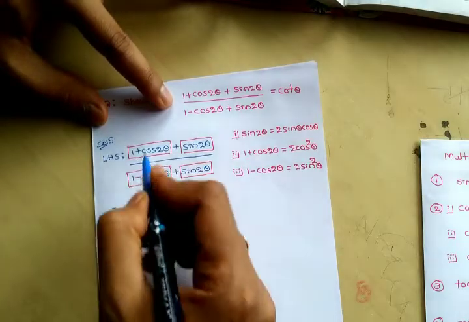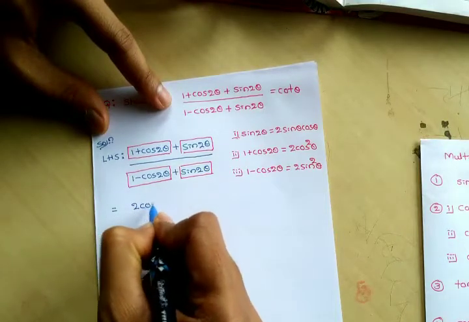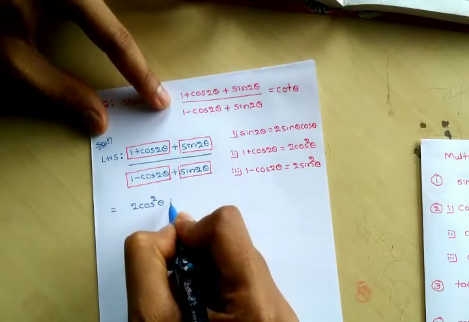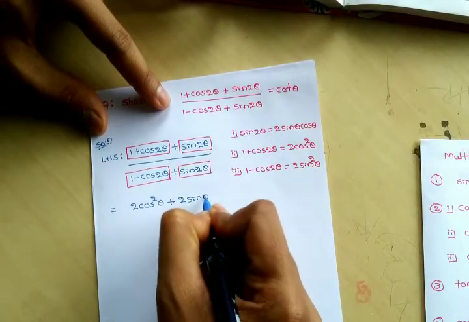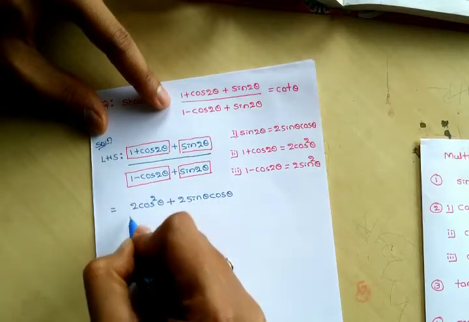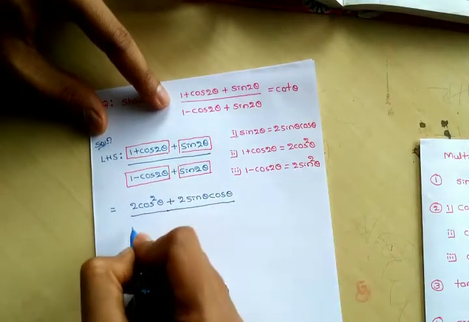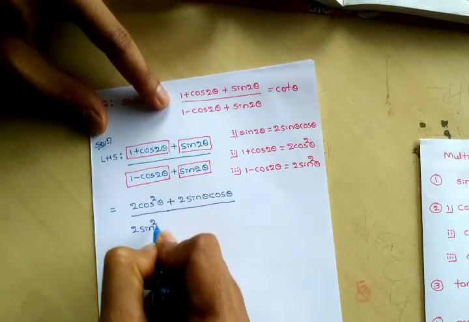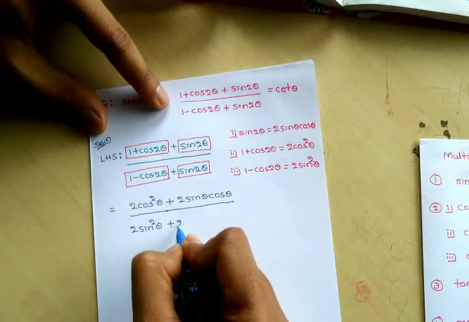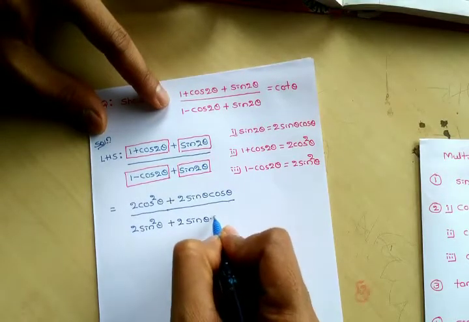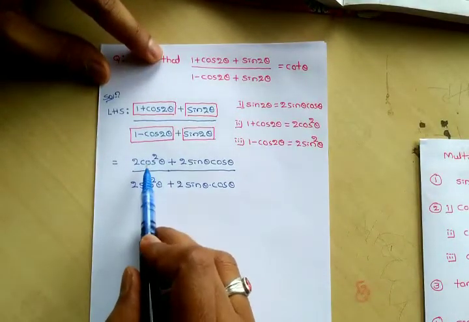So 1 plus cos 2 theta is nothing but 2 into cos square theta. Middle plus sin. Sin 2 theta is 2 times sin theta into cos theta, divided by 1 minus cos 2 theta. 1 minus cos 2 theta is 2 into sin square theta. Again middle plus sin. Sin 2 theta is nothing but 2 into sin theta into cos theta. Now in the numerator there are two terms, correct?